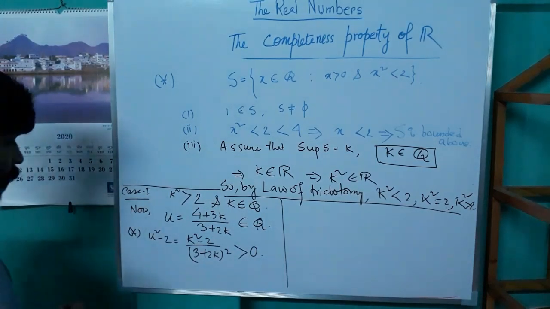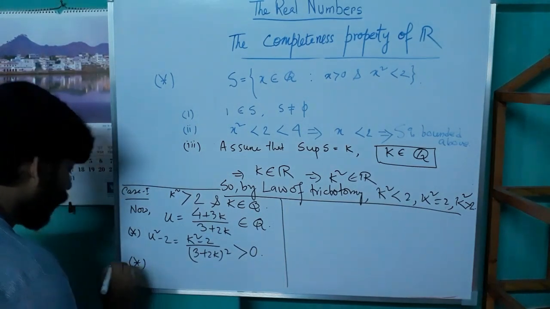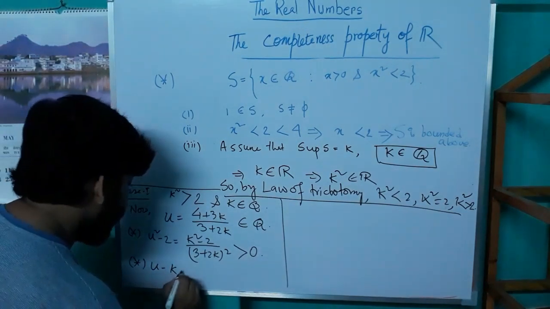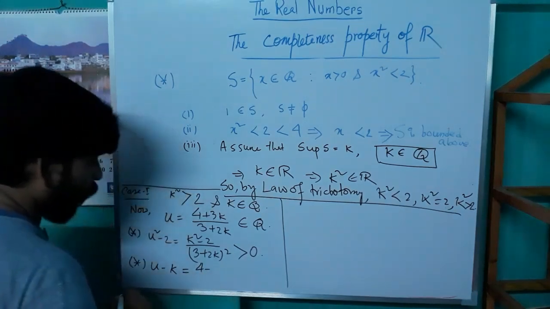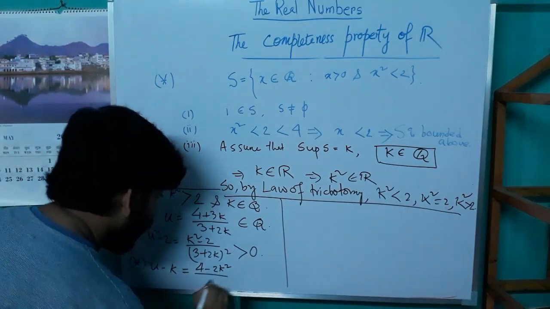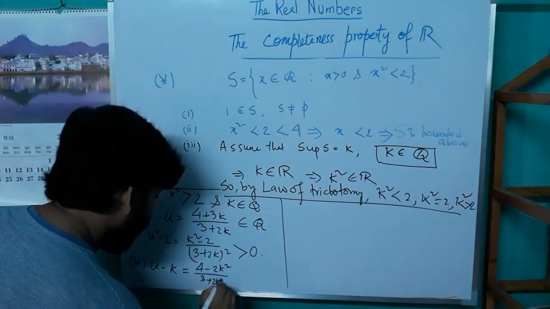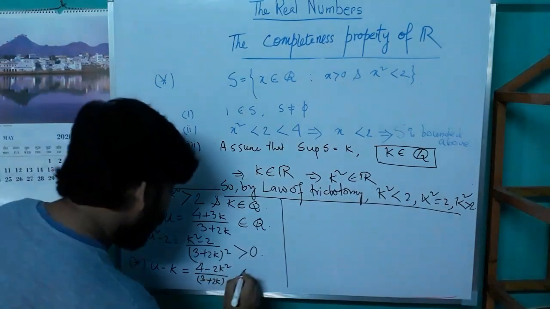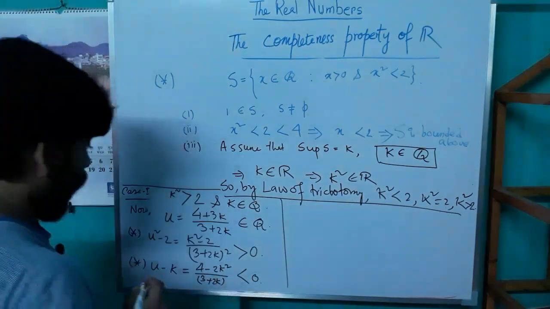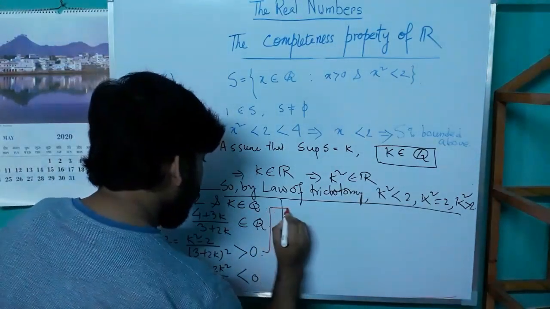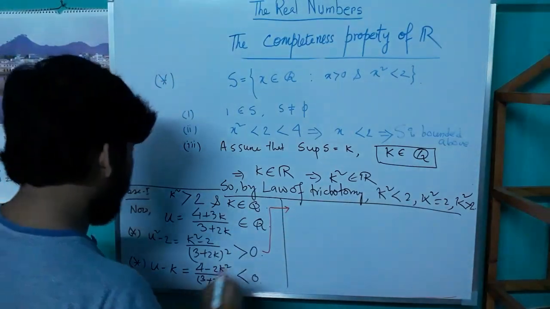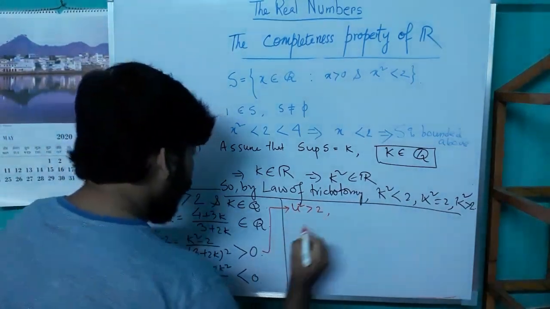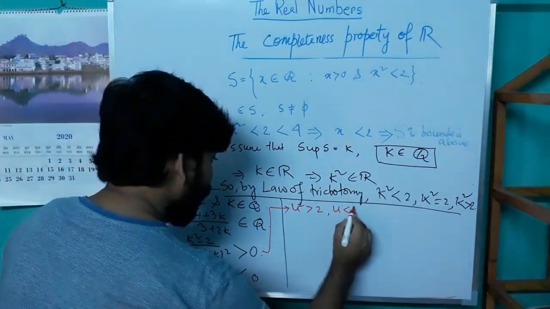And the next observation is u minus k is the same as (4 minus 2k square)/(3 + 2k), and obviously this is less than 0. Thus this implies u square is bigger than 2 and u is less than k.